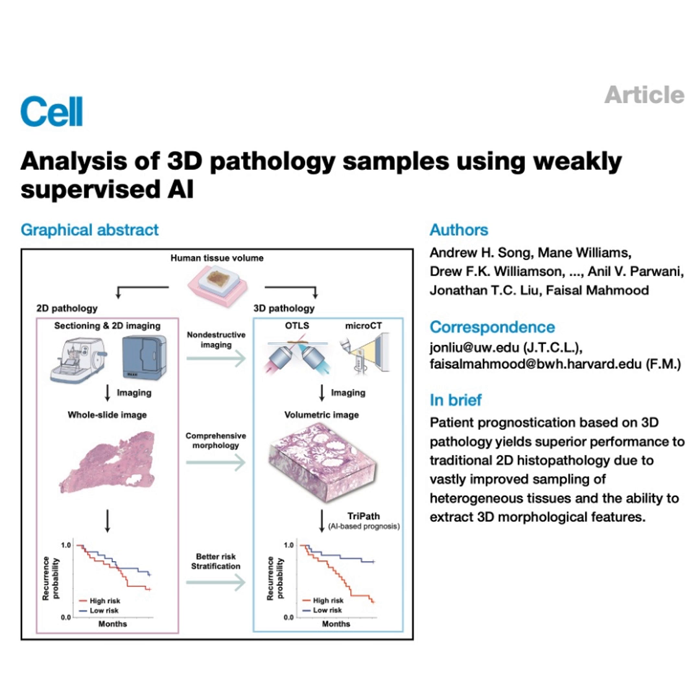Imagine a future workflow. You get a biopsy, you scan it in 3D with something like microCT or OTLS. TriPath analyzes the volume non-destructively to give a really accurate risk assessment, like a 3D pathology consult. And then the entire original tissue block is still perfectly preserved. You can still do any follow-up molecular tests needed or archive it safely. You haven't destroyed the evidence, so to speak.